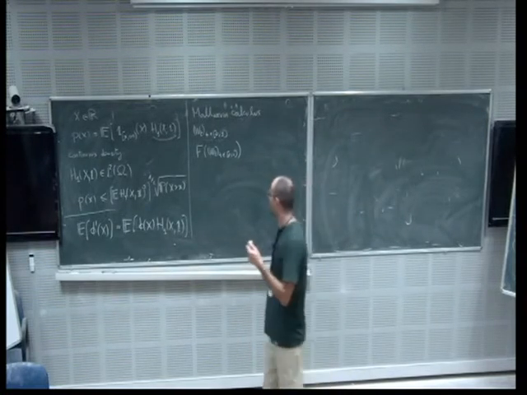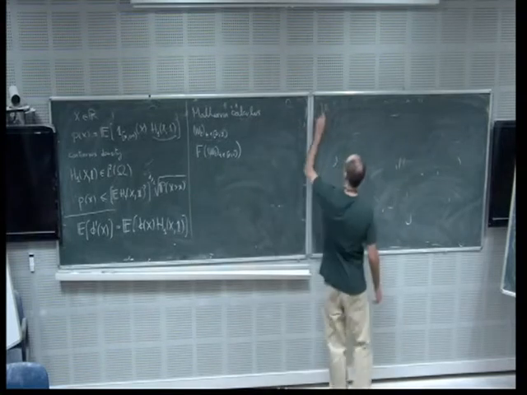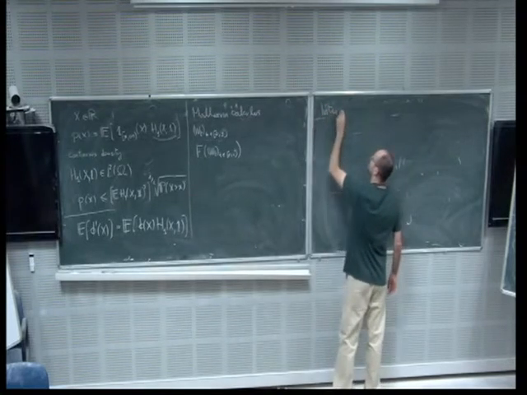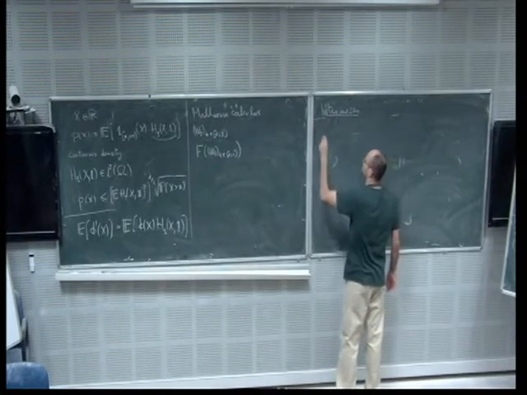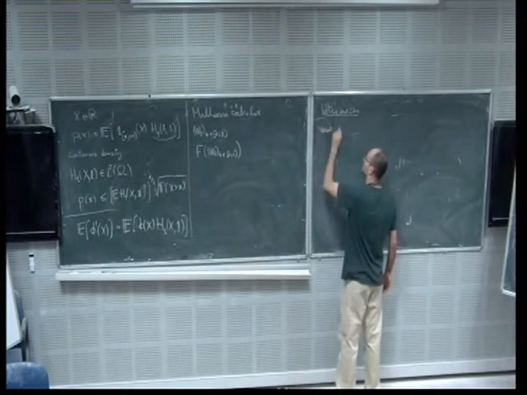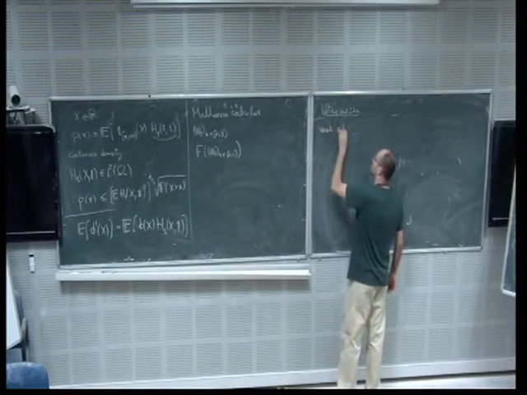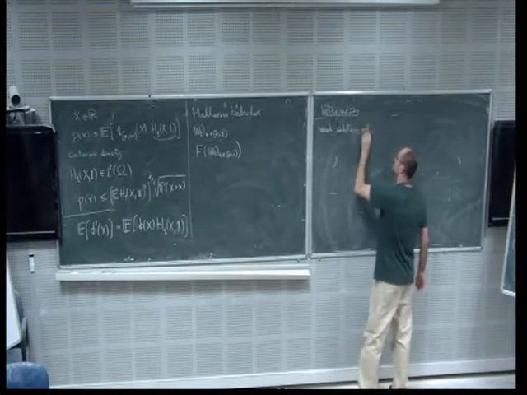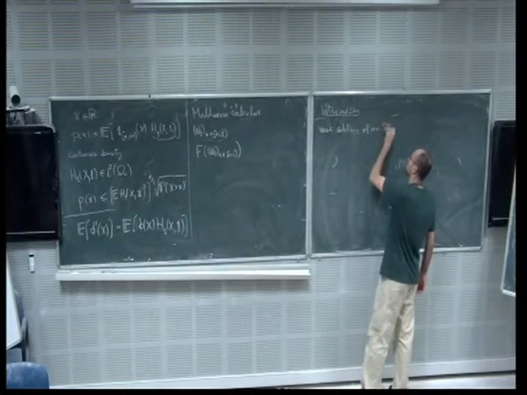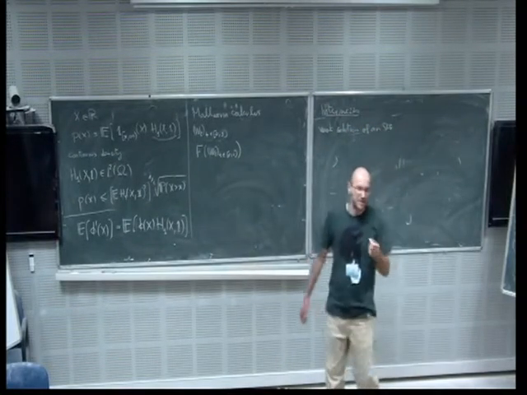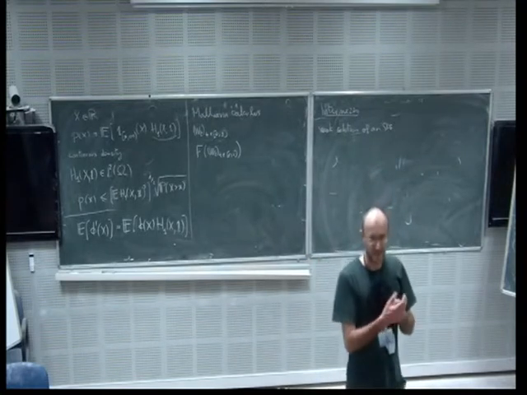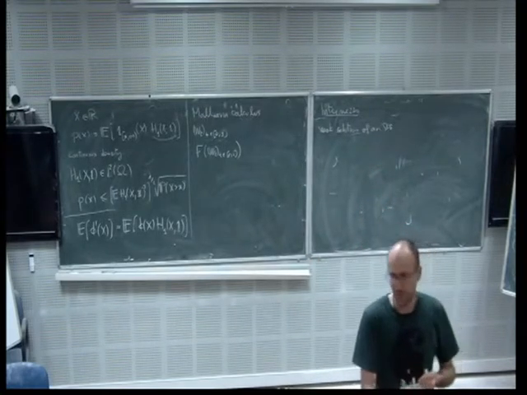Let's call it an intermezzo. We define a weak martingale solution for Navier-Stokes, but the underlying idea for a martingale solution is the same.